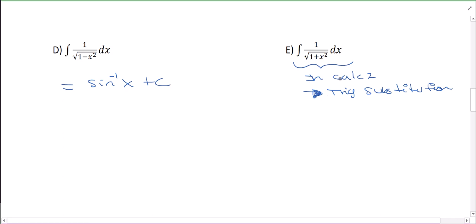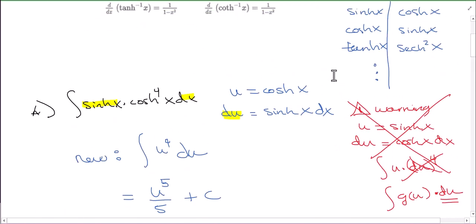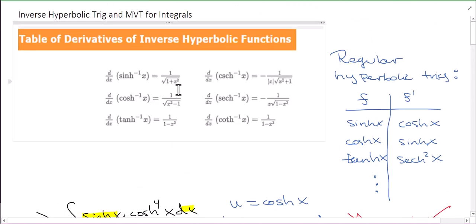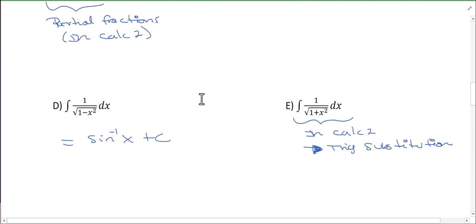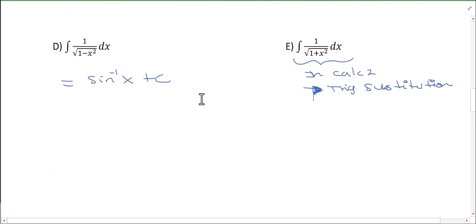But notice that if you know your hyperbolic inverse functions, where do we see that? 1 over the square root of 1 plus x squared is actually the derivative of hyperbolic inverse sine. So then that means that I don't have to do all that work that you'll learn in Calc 2 using the method of trig substitution, because I can bypass that method and say this is hyperbolic inverse sine plus c.